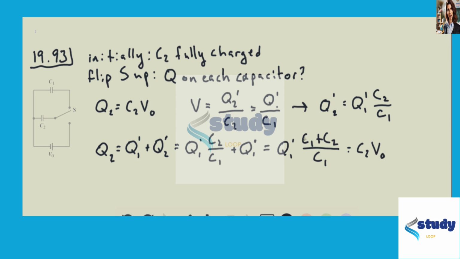And so then just dividing by C1 plus C2 divided by C1, we find that Q1 prime is equal to C1 times C2 divided by C1 plus C2 times V0.